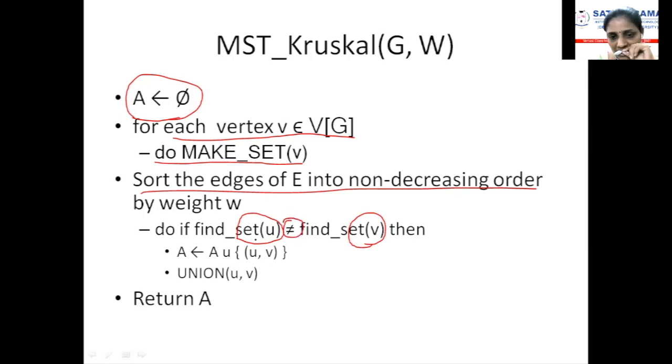For example, for an edge U comma V, find out whether U and V fall in two different sets. That is why you have this non-equal sign. If they fall in two different sets, then you merge them, create the union, and return back to the output. So this is your procedure.